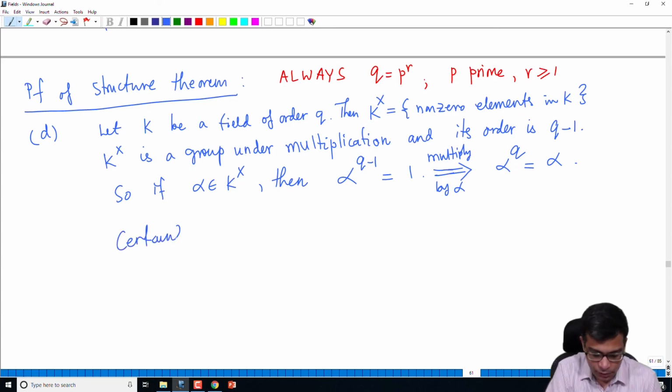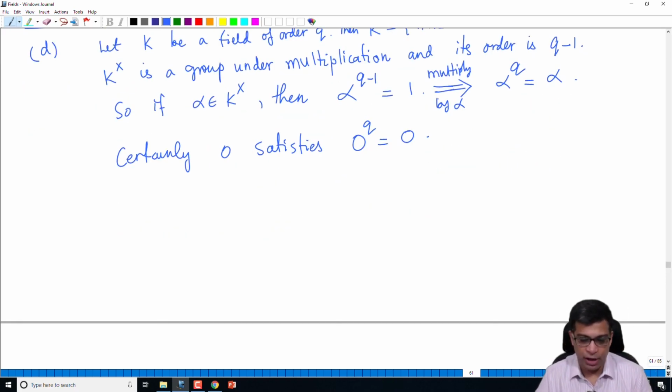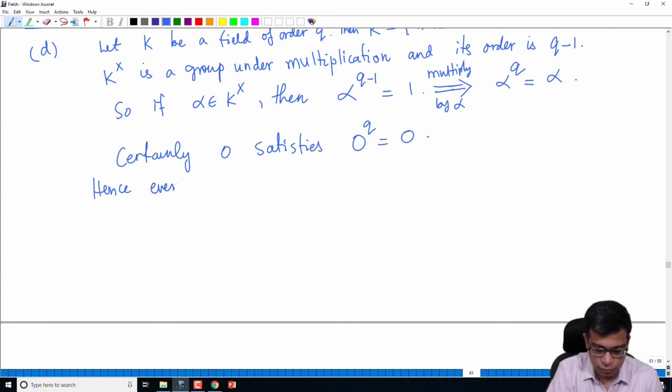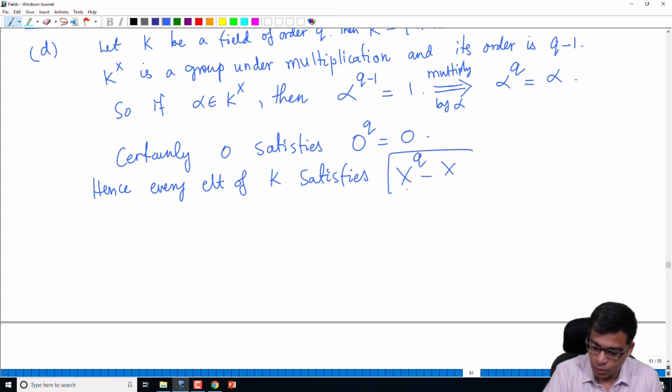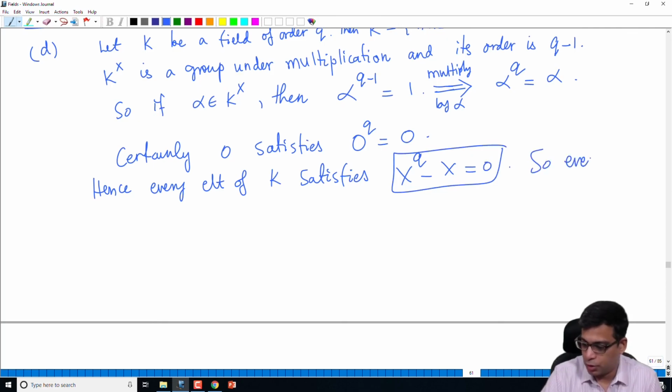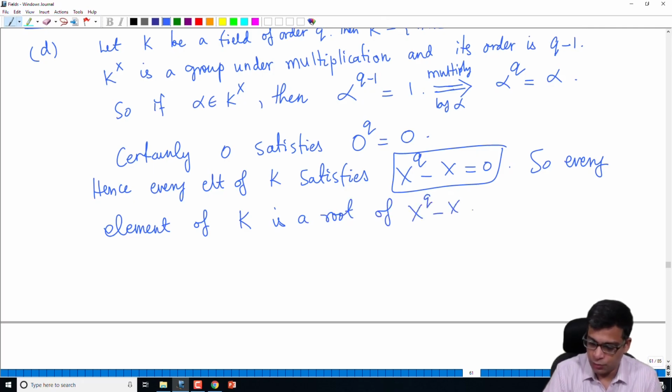Certainly 0 satisfies this too. So every element of K is a root of x power Q minus x, as required.